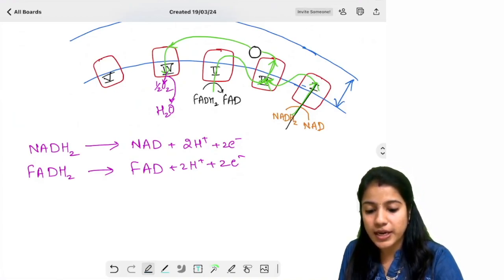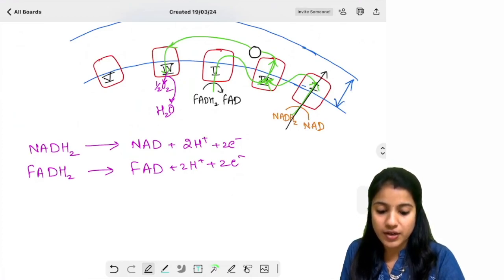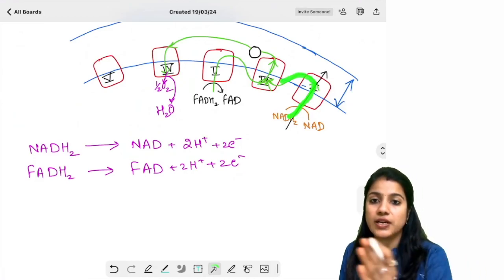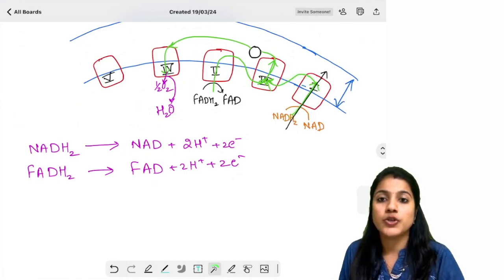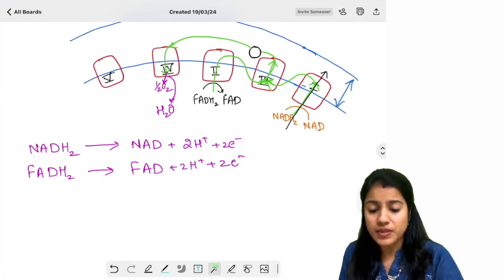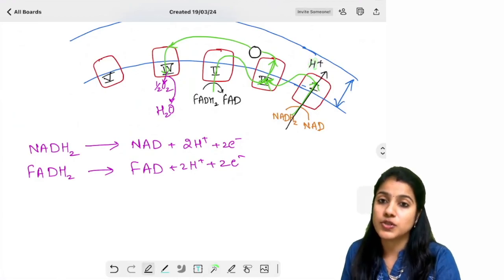Complex 1 can pump the proton in the intermitochondrial membrane. Whenever transport is taking place through this complex, as electrons move, there is a charge which is getting created. So that charge is utilized for pumping of the proton in the intermitochondrial membrane from the matrix, right? So here there will be availability of protons in this space.